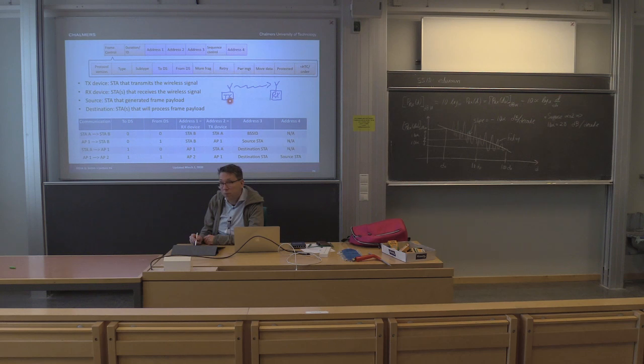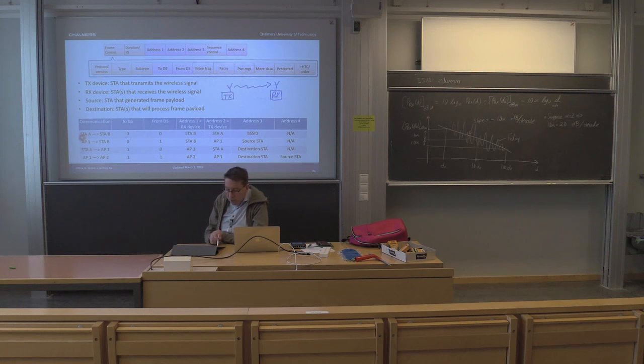It might have come from some other node to the left here, and that's called the source node. It's the station that generated the frame payload. And also the receiver might not be the final destination for that frame. So then we have a destination, which is the station that will process the frame payload. So hopefully this will become clear when we do an example here.